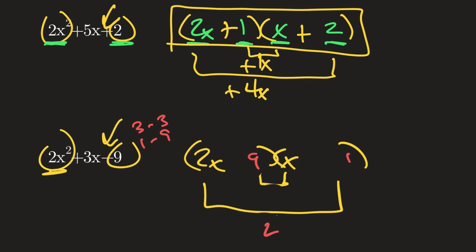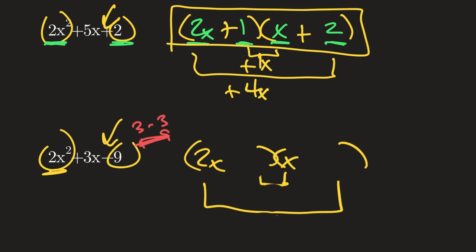And inside, 9 times 1? 9. Do 9 and 2 subtract to give you 3? No. They don't. Guys, 9 and 1 or 1 and 9 is not going to work. So you say, you know what? 1 and 9 is out.